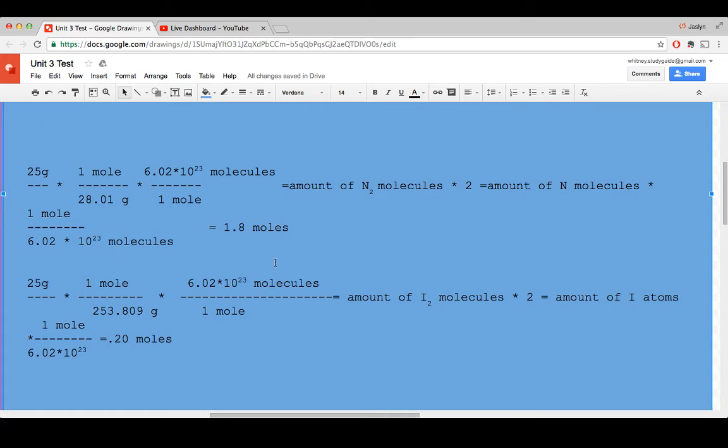And that, I just realized, is wrong too. Nitrogen is wrong as well. Wow, what a day. Okay, so let me recalculate that. Perhaps I just put it in my calculator wrong.